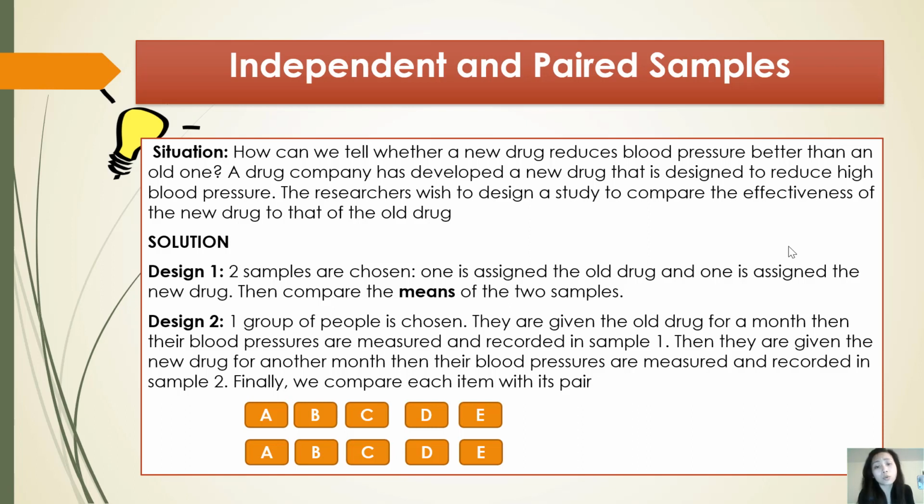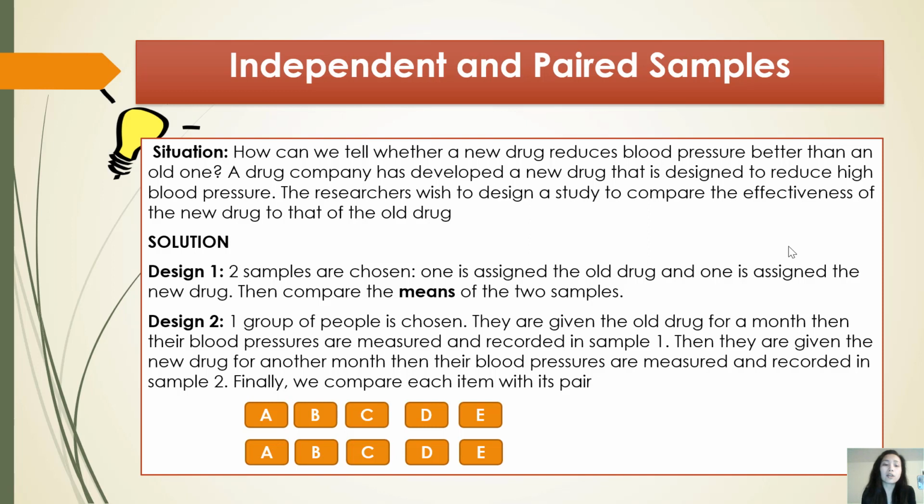The researchers wish to design a study to compare the effectiveness of the new drug to that of the old drugs. So in this situation, we want to compare the new drug and the old drug to see whether the new drug is effective. So we will have to find a way to compare one sample using the new drug and one sample using the old drug to see whether the means are different or not.